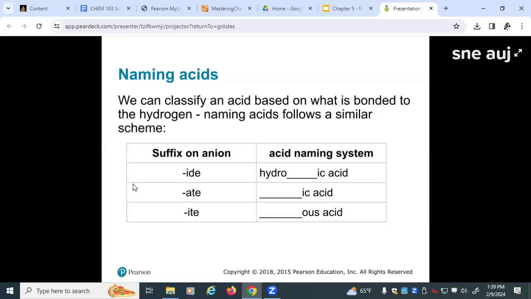We want to think about them as ionic compounds because that is ultimately going to be how we are able to identify and classify and name them. And the process is relatively simple. I need to look at what is attached to that hydrogen and what the name of the ion attached to that hydrogen is. Because that's ultimately going to tell me which one of these three slots it fits into.